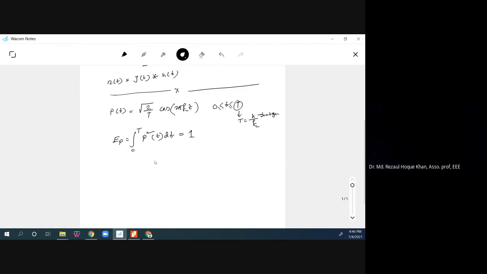So the energy of the pulse is unity. So far these are the same as the previous BPSK. Now the only difference comes here.